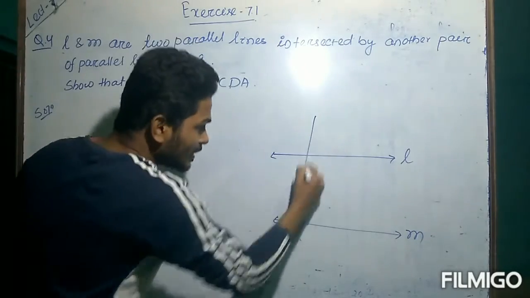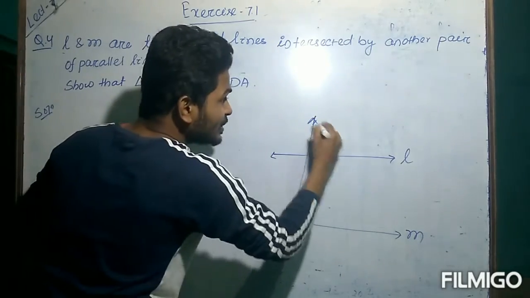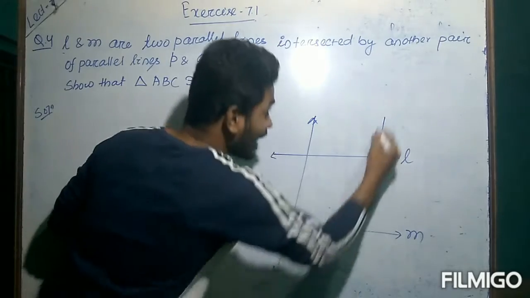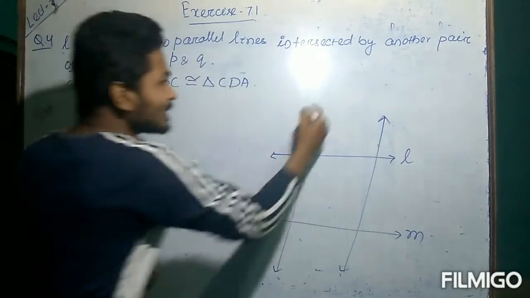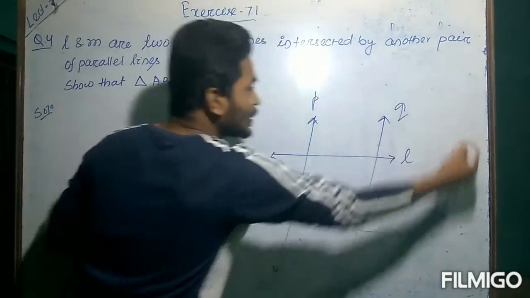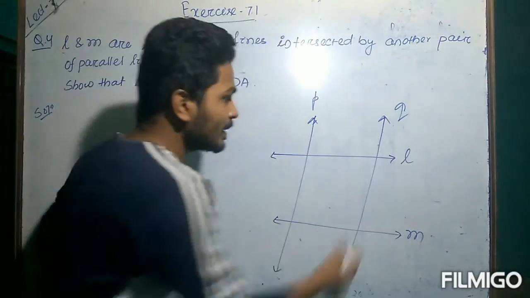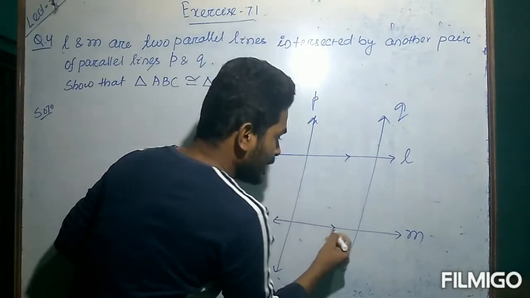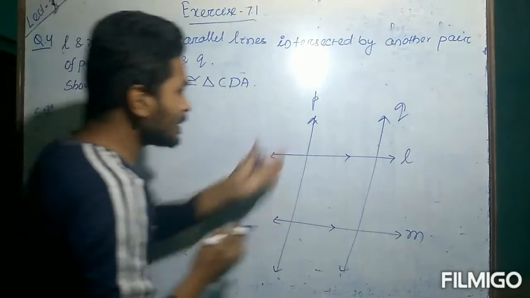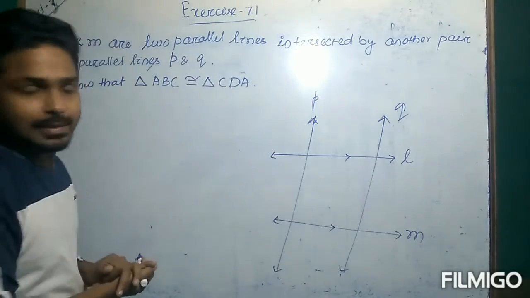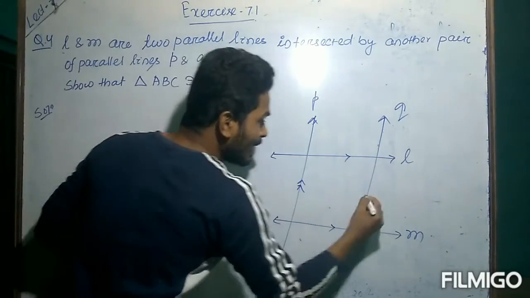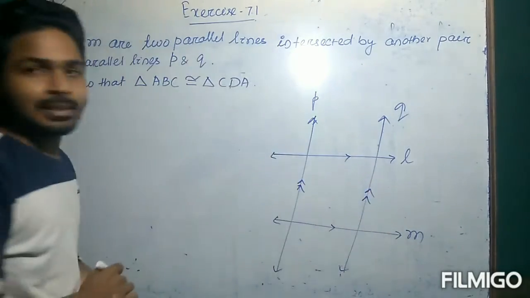Suppose this is P and this is Q. L and M are two parallel lines, and similarly P and Q are two parallel lines. You can represent them like this.